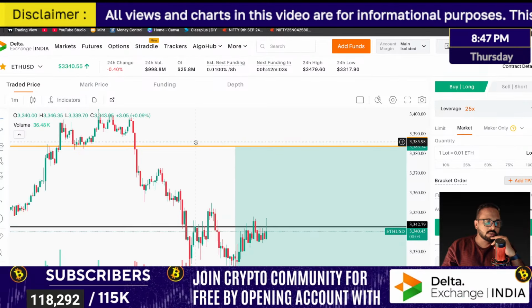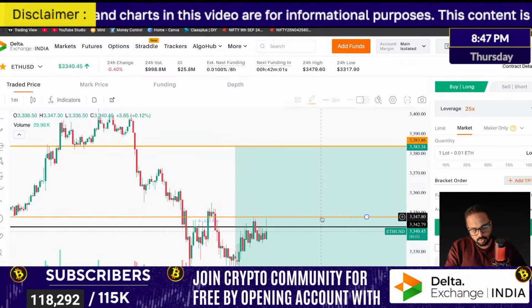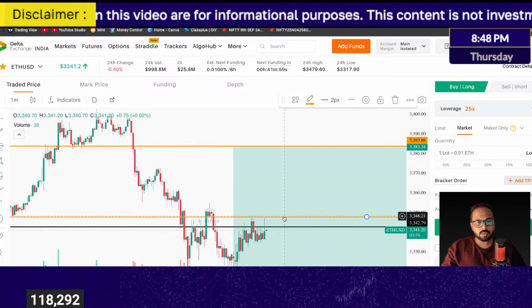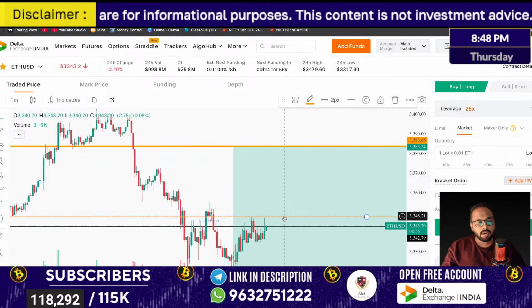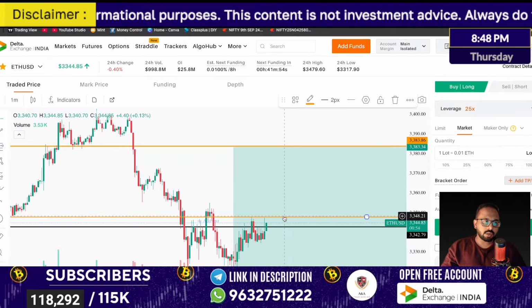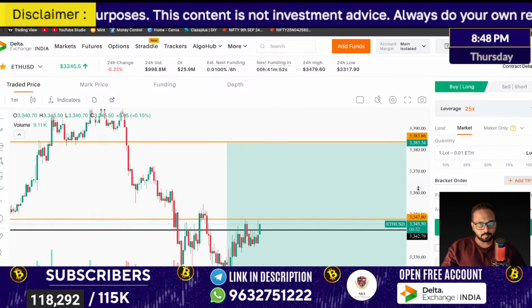ETH pressure is there. In ETH, don't look for bullish as long as it goes above the zone 3348. If it gives closing above that zone, fine. As long as it doesn't give.